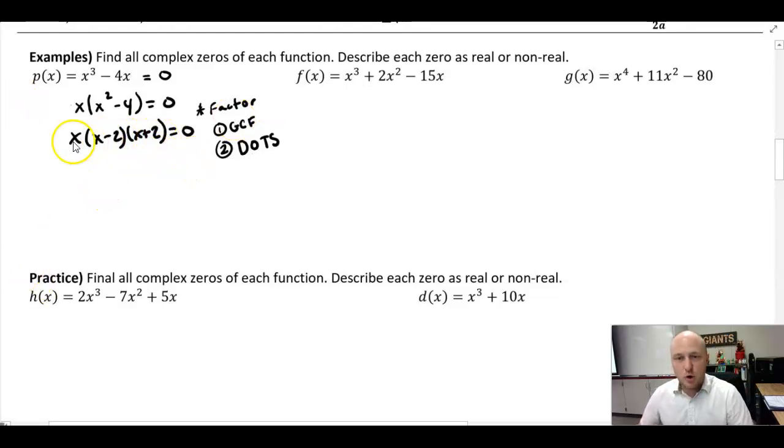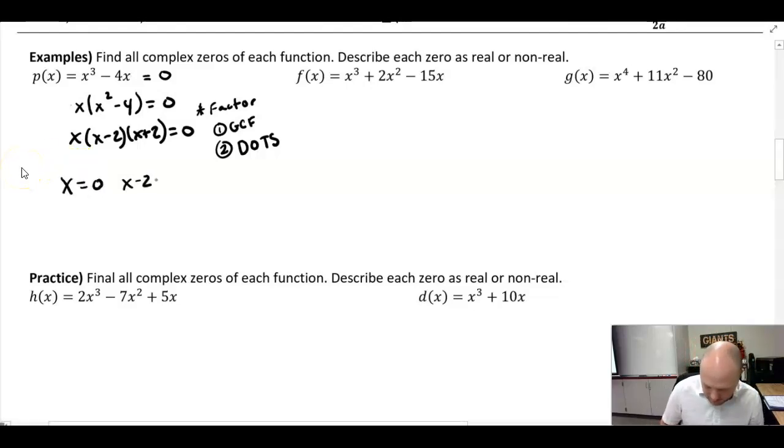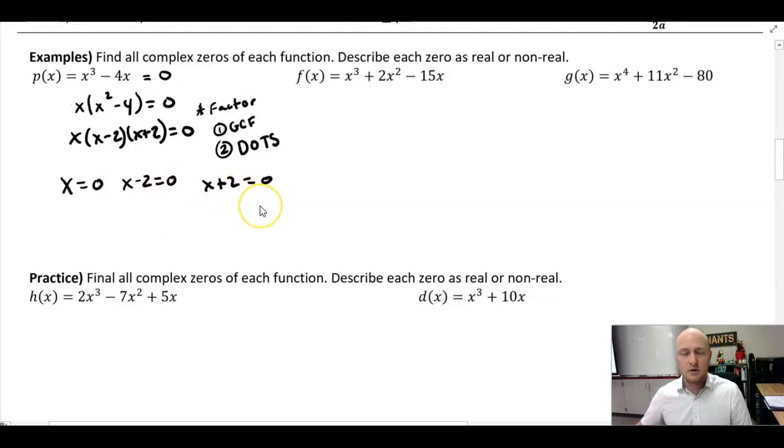And now I have broken it down completely. So here, in order to find the zeros, I'm going to set each of these factors equal to 0. I have x equals 0, x minus 2 equals 0, and x plus 2 equals 0. The second factor is solved by adding 2 to both sides, and we get x equals 2.